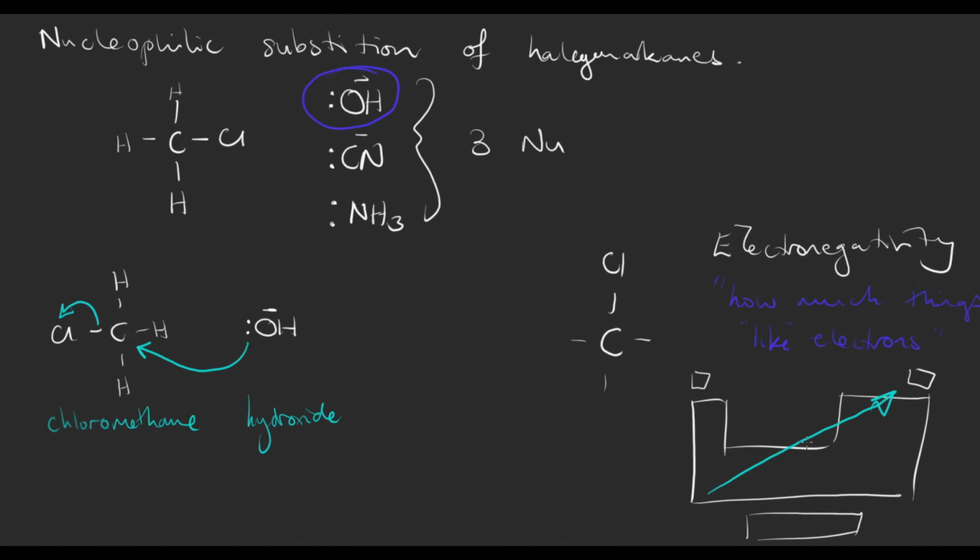What this means in practice is that chlorine is more electronegative than carbon, so there is a little bit of a negative charge on the chlorine and a little bit of a positive charge on the carbon. This symbol that I've used here, that I'm just underlining in green now, is just a lowercase delta, which is a Greek symbol, and all it means is a little bit. So here I've got a little bit of minus and a little bit of plus. It's not enough that it's a full-on charge, so I can't, for example, draw negative here and positive here.